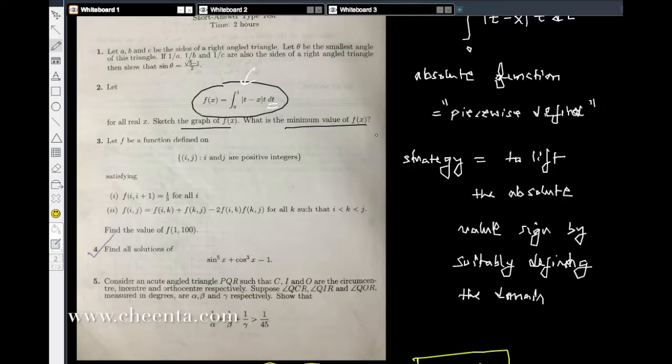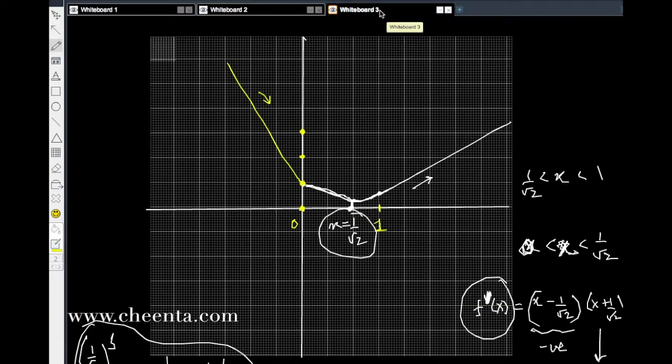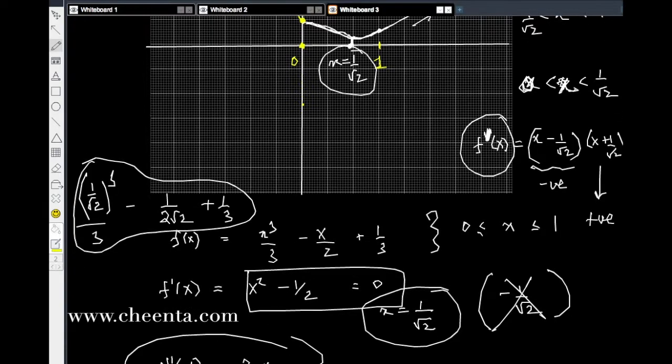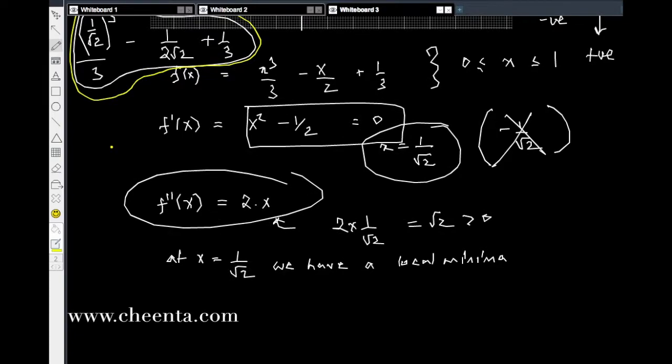This is the completion of the problem, and the problem asks what is the minimum value of f(x). So it is sufficient to say that at x equals 1 by square root of 2, we have whatever the value is, and that value we computed earlier. It's not a very neat form. Probably this can be made a little bit more precise.